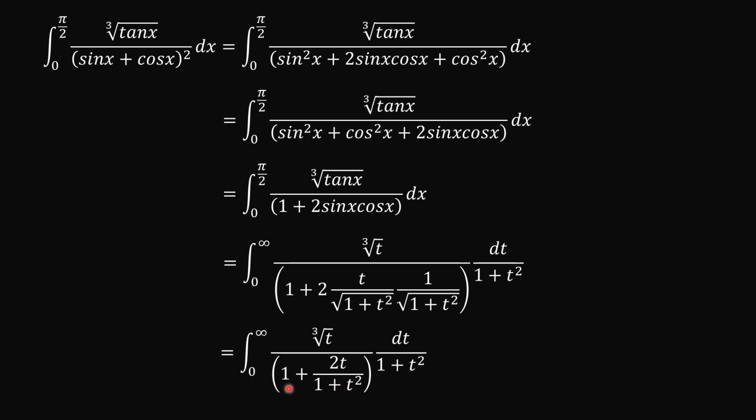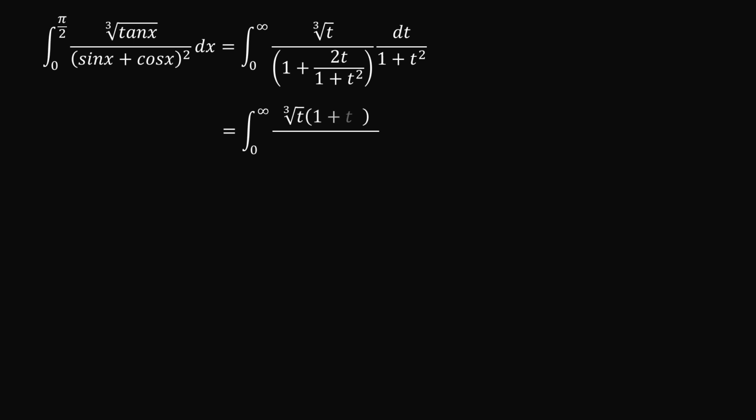Now we can multiply both the numerator and denominator by 1 plus t squared, and the integral becomes simplified as follows, and the 1 plus t squared values here can cancel, and so you are left with the integral of cube root of t over 1 plus t squared.